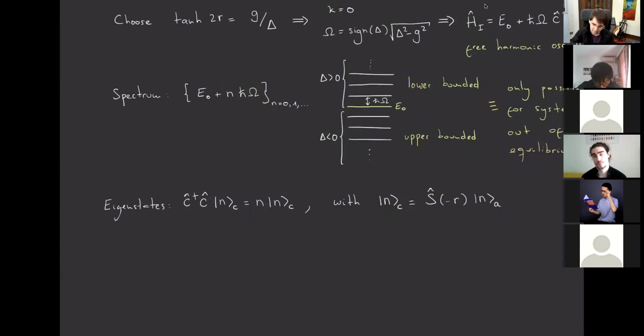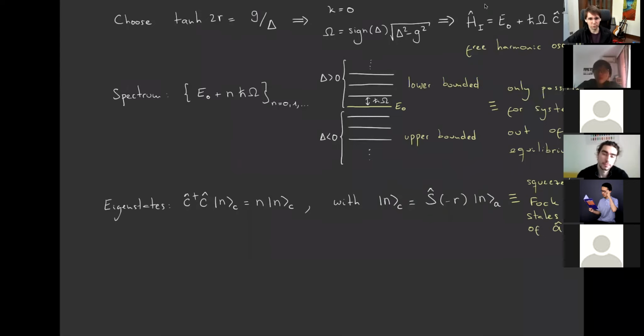And so this means that the eigenstates of this Hamiltonian are squeezed Fock states of the original operator. Okay.